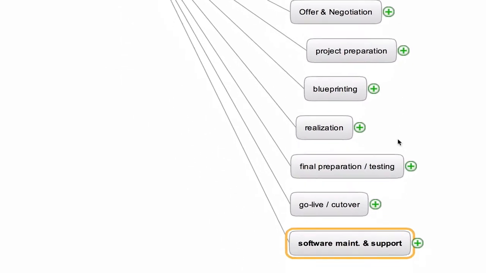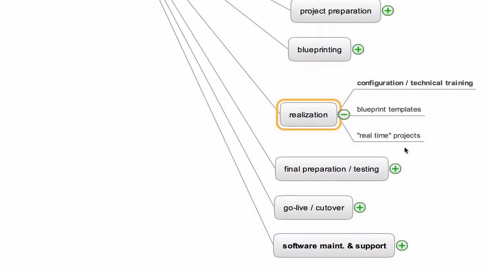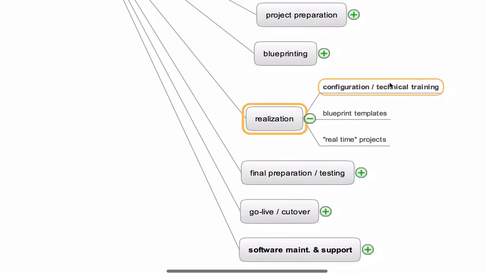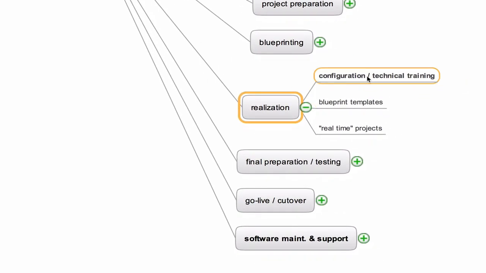And it really only, if you think about it, it's very narrow in scope. At its best, and a lot of SAP training is not very good, but at its best, it addresses just this one tiny slice of a project. It's just the configuration and technical training that you will employ on a very small slice of a project, if you are actually working on the realization or construction phase of a project.